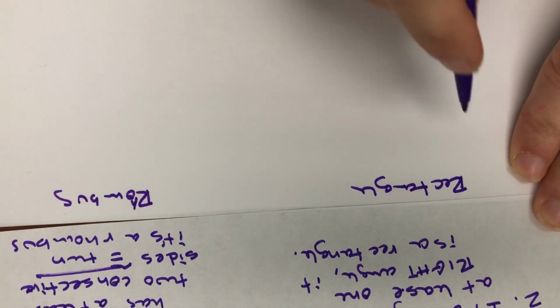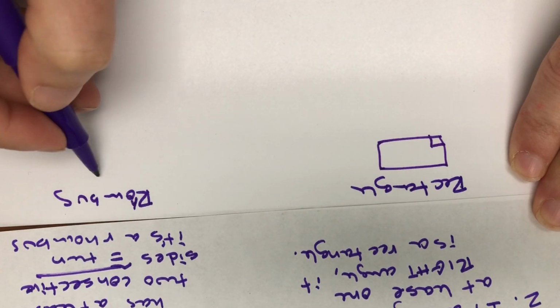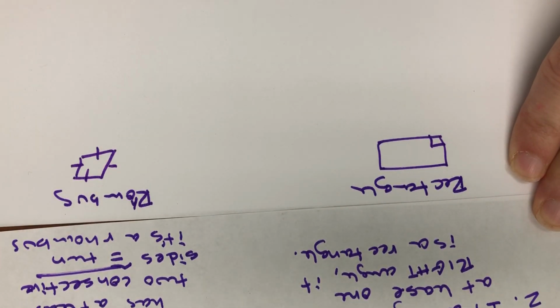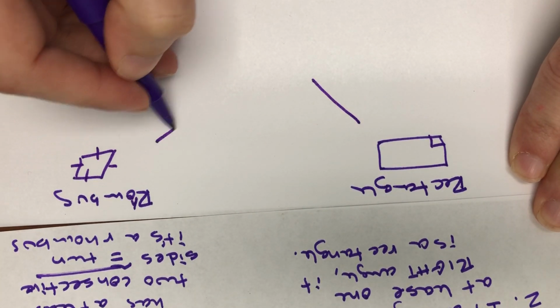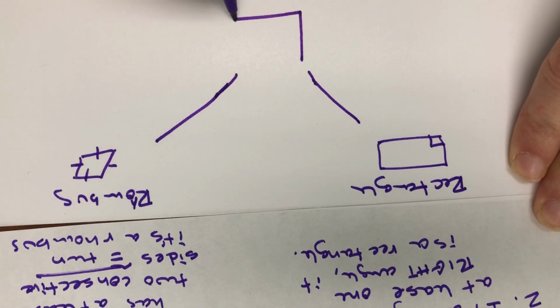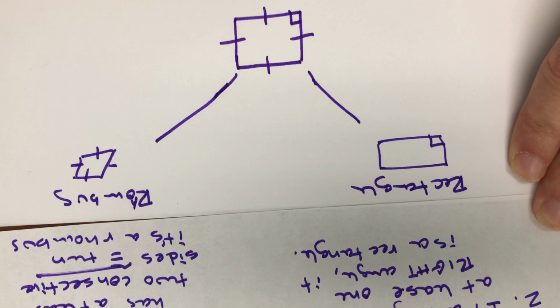Well, we know that a square has all four sides equal to each other and right angles. So a square is both a rhombus and a rectangle.